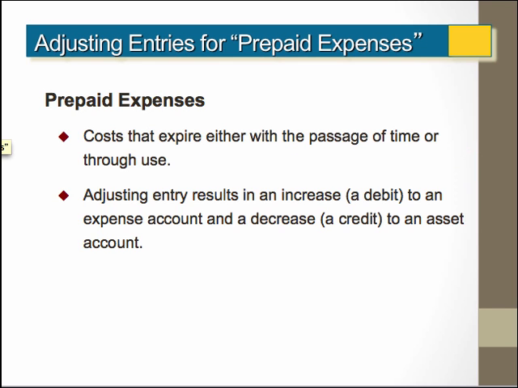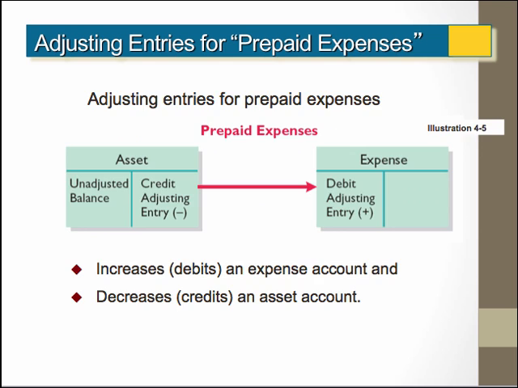So a prepaid expense is a cost that expires either with the passage of time or through use. We make a journal entry to recognize the use by increasing an expense account and reducing the asset. So here's what the T accounts might look like. We have 2 accounts, the asset account and the expense account.